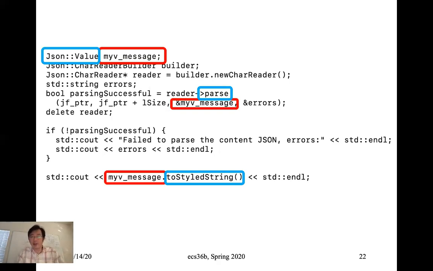After you parse, the last line I highlighted here shows you can convert it back from the JSON object to a string. It's actually very easy. You just say my v message dot toStyledString. my v message is the name I gave to that JSON object, and it will give you a nice C++ string, which prints out the JSON back.